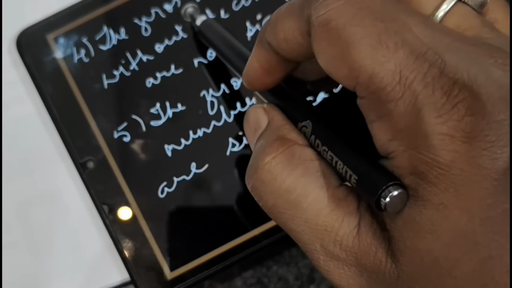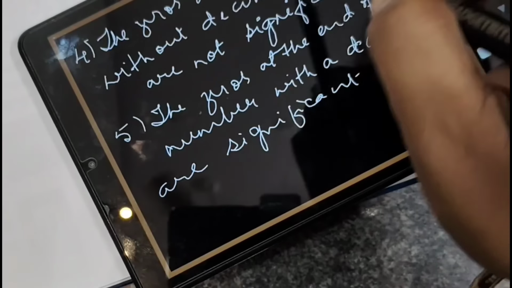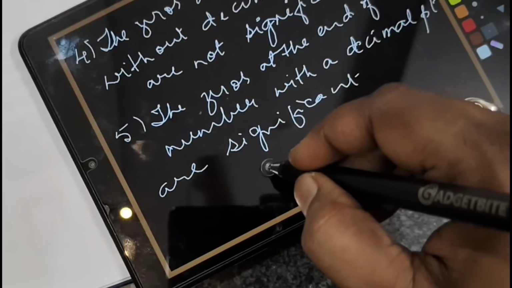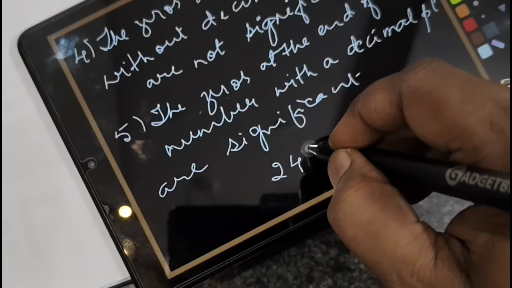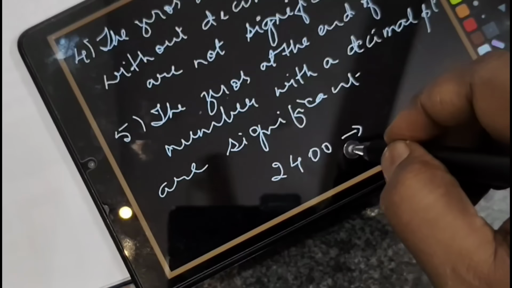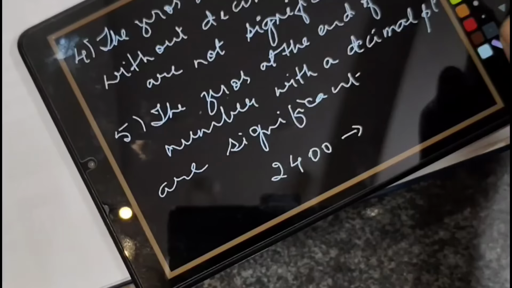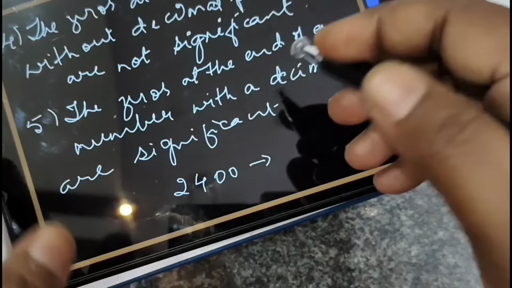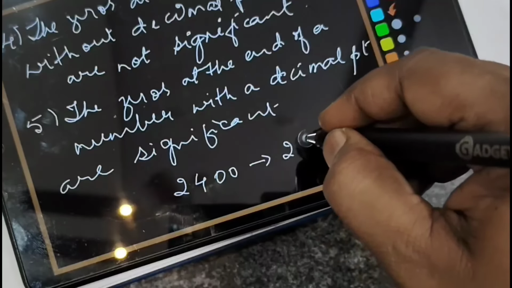So here the fourth one, the zeros at the end of a number without decimal point. Suppose it is 2400. So here there is no decimal point, so the significant figures are 2.